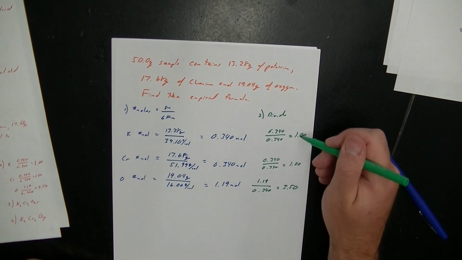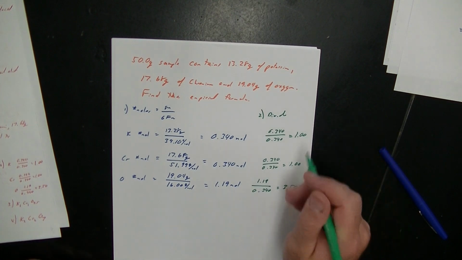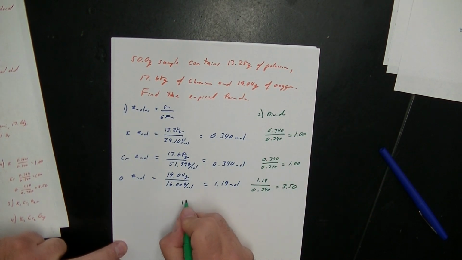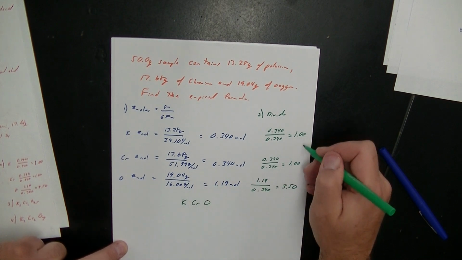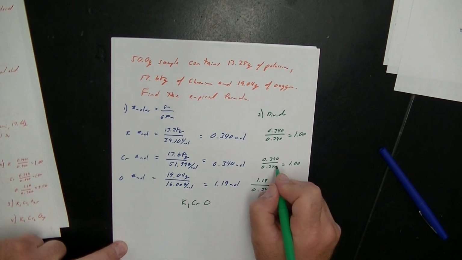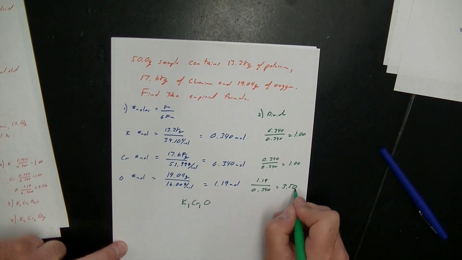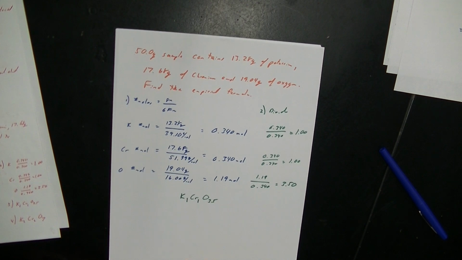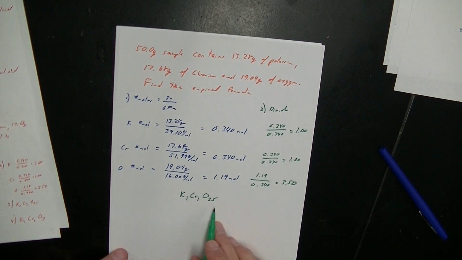This is relative amounts. So now we can start to develop our formula. We have K, we have Cr, and we have O. And we're going to use these numbers. So we have K, which is 1, Cr, which is 1, and oxygen, which is 3.5. Okay, so this is relative numbers.